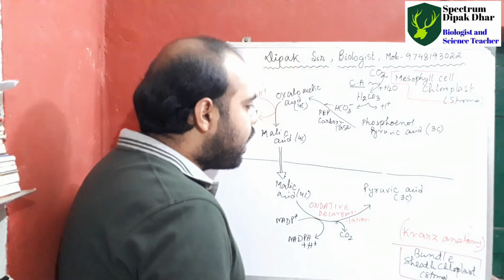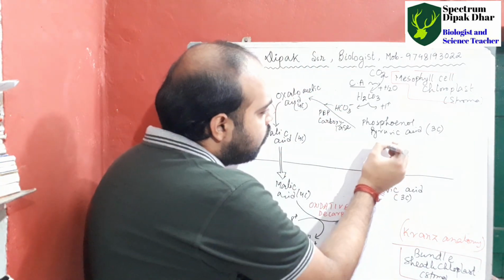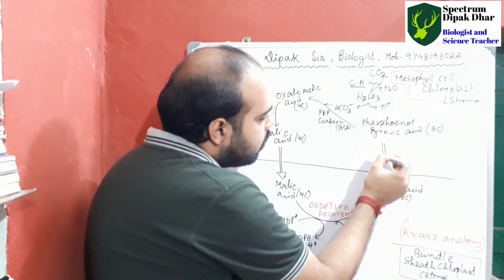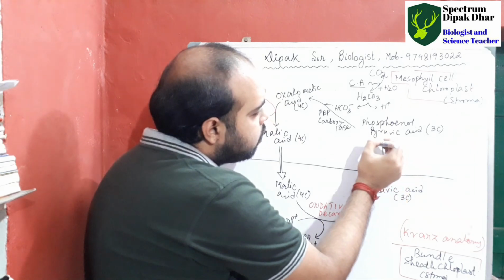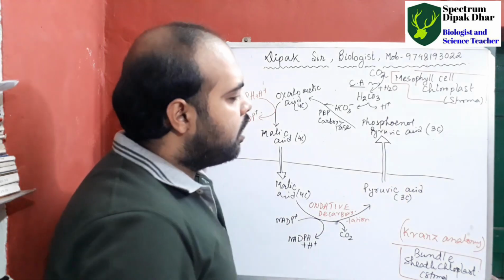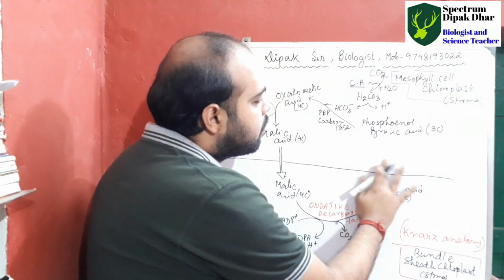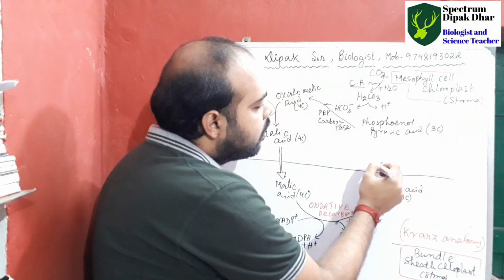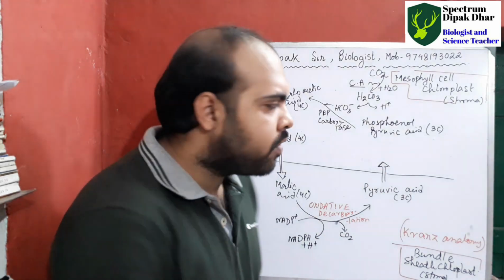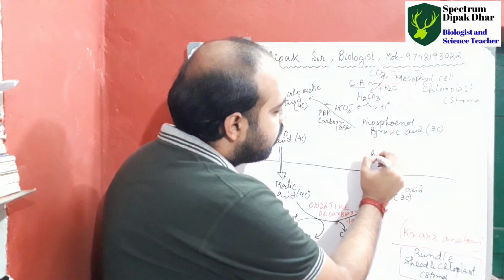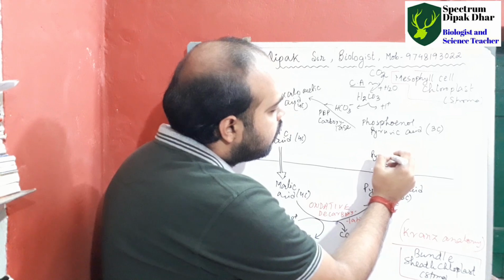So the pyruvic acid that has formed will be again transported back to the mesophyll cell chloroplast through plasmodesmata.